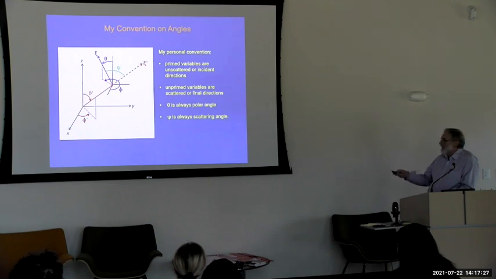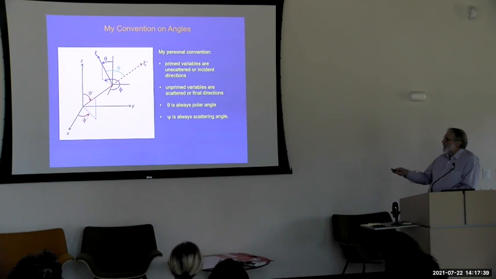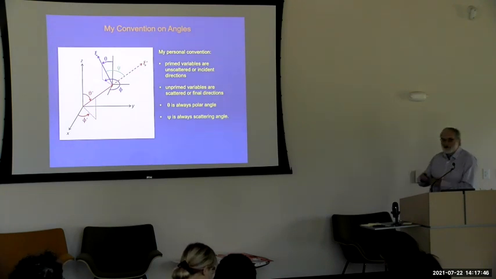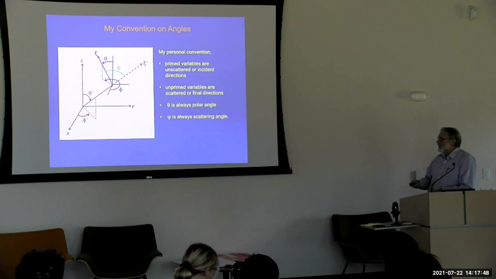So if I have a ray coming along here, light's going in this direction, the red arrow, it's going in direction theta prime, phi prime, and then here it interacts with the particle and it goes off in some new direction, where in the XYZ system, that would be theta and phi.